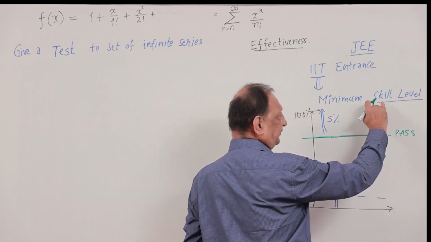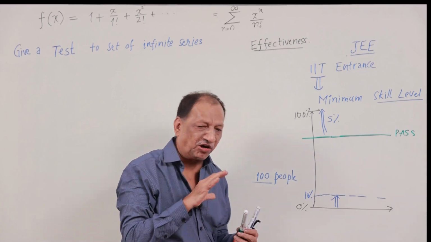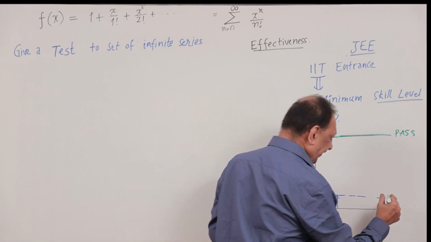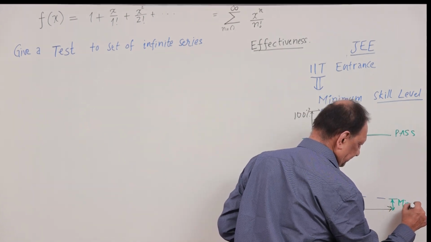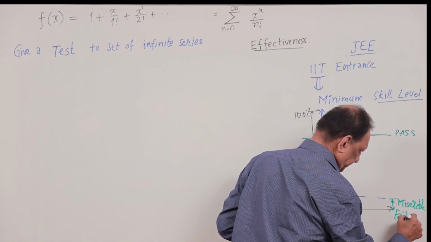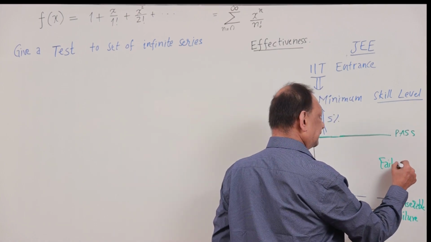Above this is pass, below this is fail. But now the fail also I want to categorize as miserable failure and the rest are all nice failure.